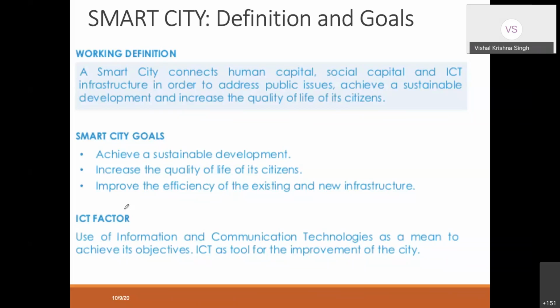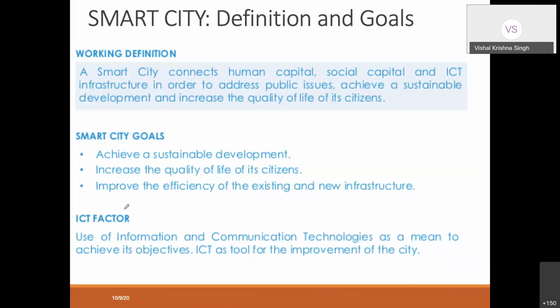But then again, considering the resources and the amount of people already present, these are the basic facilities or necessities which need to be provided to every citizen of the city or the country or the state or whatever.